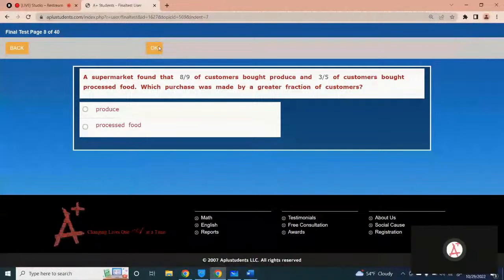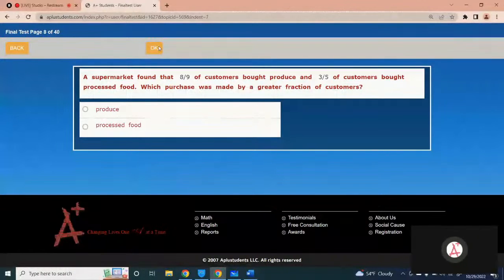A supermarket found that 8 by 9 of customers bought produce and 3/5 of the customers bought processed food. Which purchase was made by a greater fraction of customers?